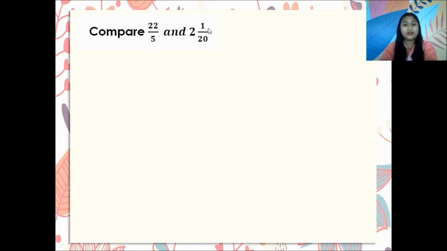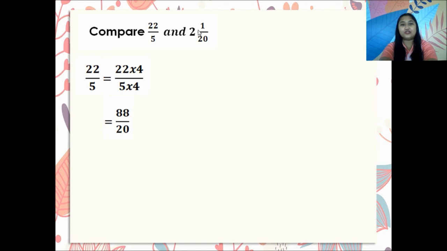If you convert 2 and 1 over 20 into an improper fraction, it has the denominator 20. So, what number will you multiply by 5 so that it becomes 20? Very good. It's 4. So, we have 22 times 4 and 5 times 4. So, 22 times 4 is 88 and 5 times 4 is 20. So, this fraction here is ready.